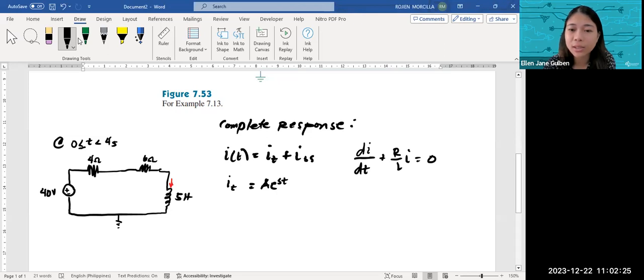This is our transient i T because this is the source-free. Okay, and so we are going to apply this one, i of t, di over dt is equal to A s e to the st.